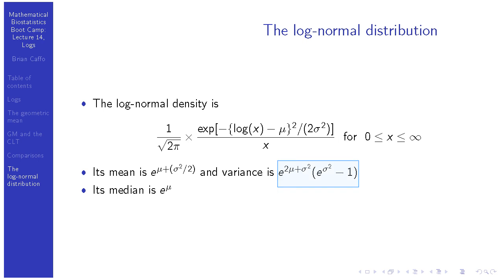And the variance is e to the 2 mu plus sigma squared times e to the sigma squared minus 1. Its median is e to the mu. And of course, what I'm calling its population geometric mean is e to the mu as well. So you can see here, this gives you an exact example where the expected value of X and e to the expected value of log X are two different things.